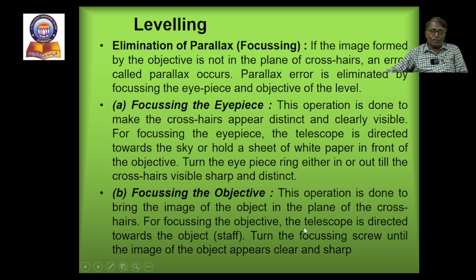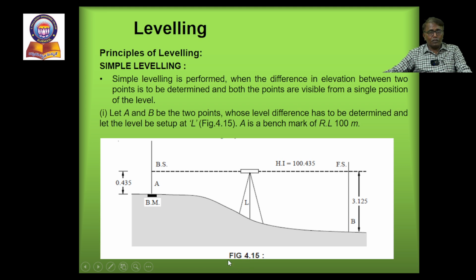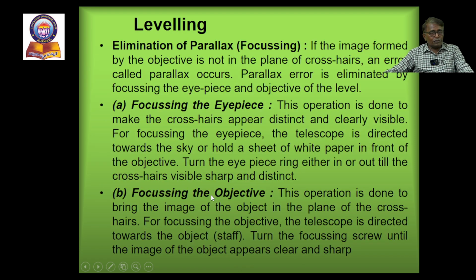For focusing the objective, the telescope is directed towards the object. Turn the focusing screw until the image of the object appears clear and sharp. So, after focusing the eyepiece and objective, the instrument is ready for setup.